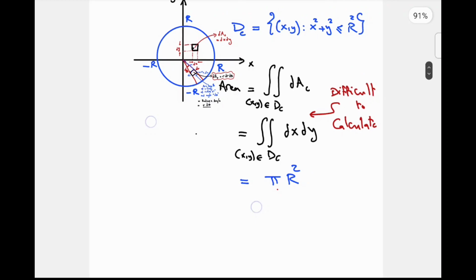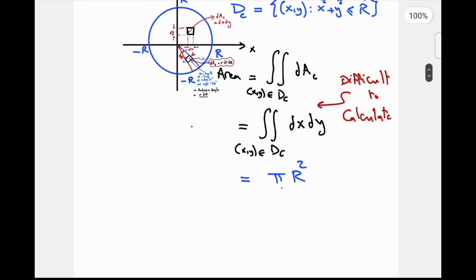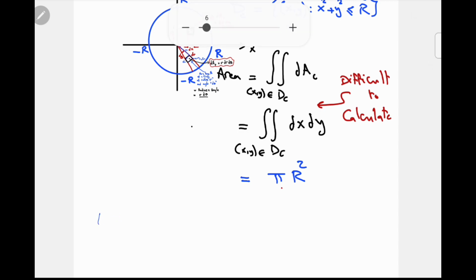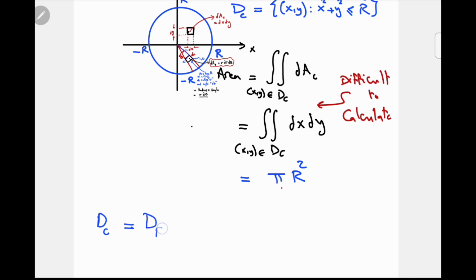So let's define another region. So we can define the circle, instead of DC, as DP, which is equal to all the points in the position of r, little r, and angle theta, such that the radius little r is between 0 and r capital, and theta between 0 and 2 pi.